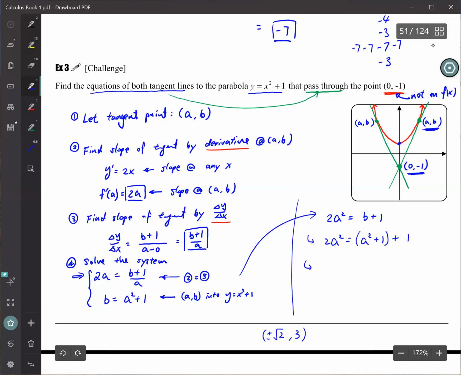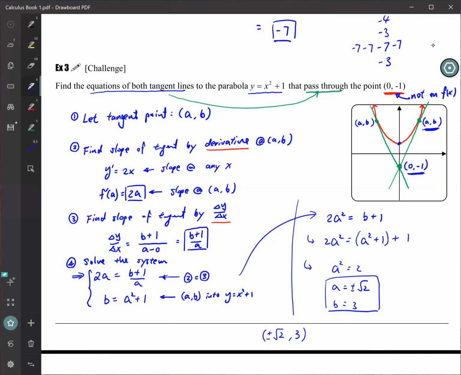From here you can solve for a squared. A squared will be 2. A will be plus minus root 2. And then you go back and plug into the second equation. Then you get b equals 3. Any question, Nicole? Oh, no, I forgot to raise my hand.